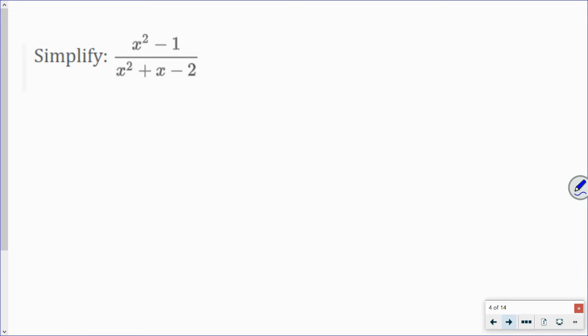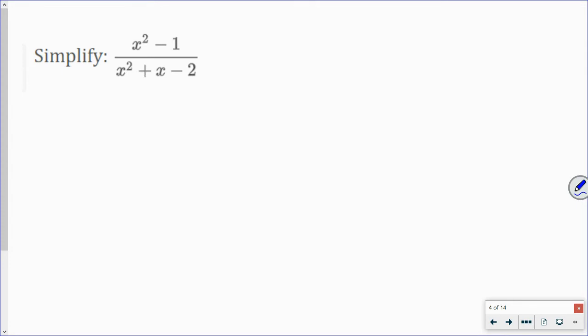Now we're going to get into simplifying and some operations. In order to simplify, you have to factor everything out. I cannot cancel these x squareds here because of this addition and subtraction.